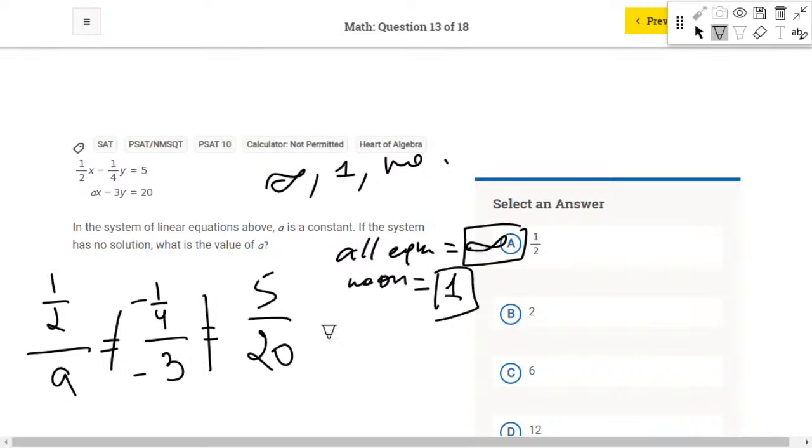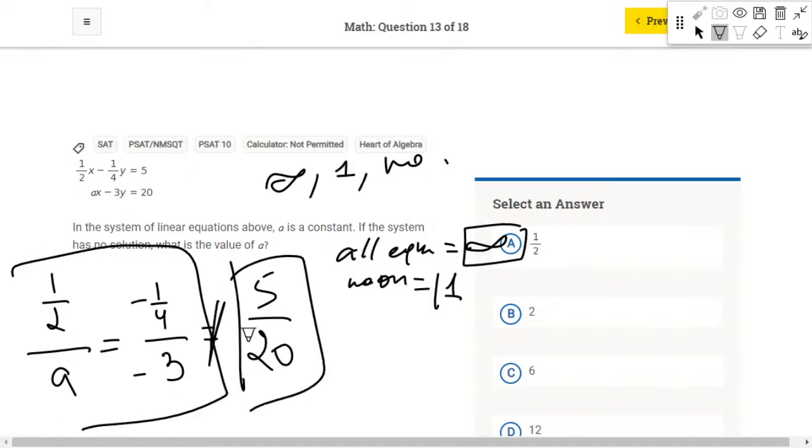Or, if these two are equal to each other, but they're not equal to this, then there is no solution. So it's equal and equal, so it's no solution. This is what we actually need.